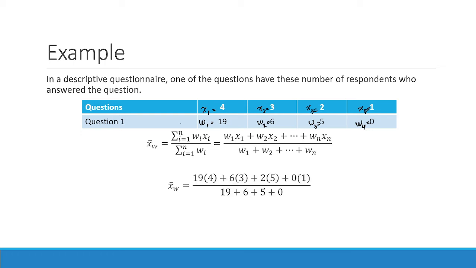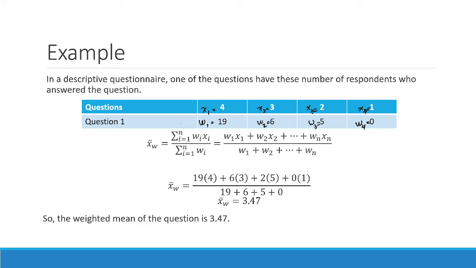We just need to plug them in. We have our weight, which is 19, times 4, which is our x1, plus 6, which is our weight 2, times our x2, which is 3, and so on. Then we divide that by the sum of the weights, which are 19 plus 6 plus 5 plus 0.